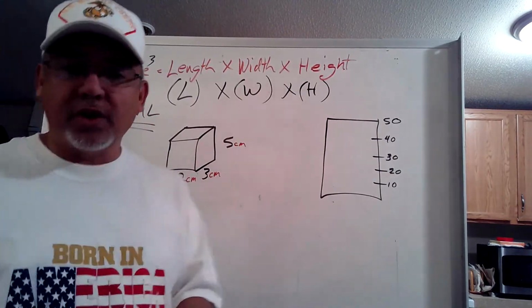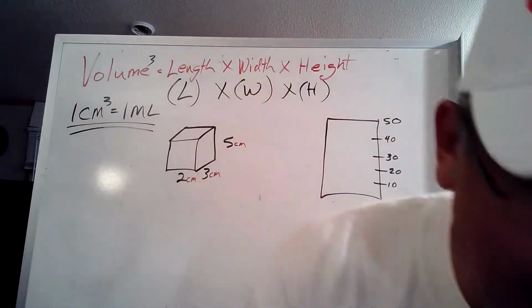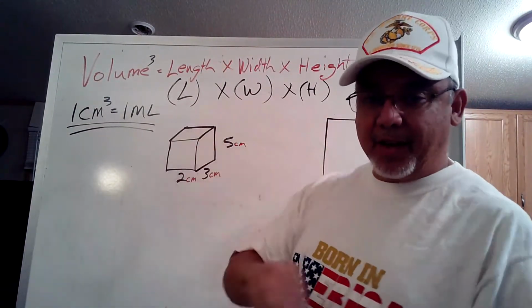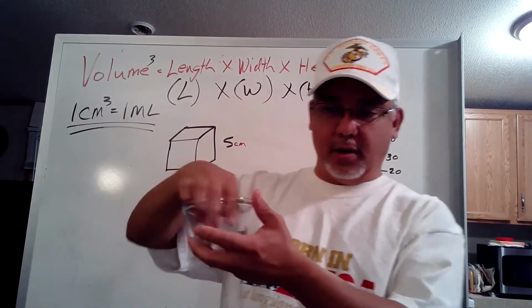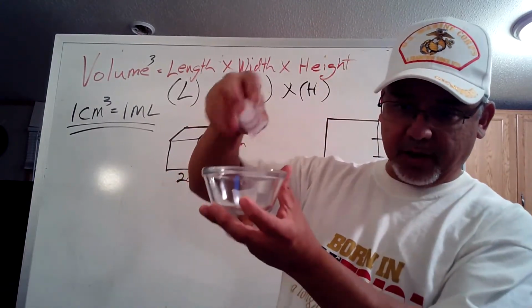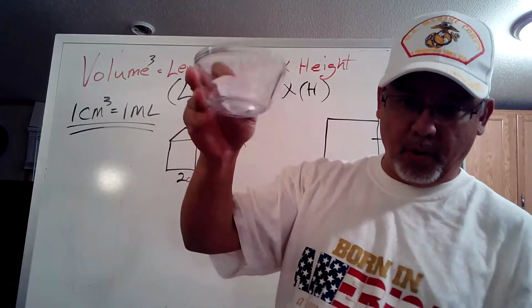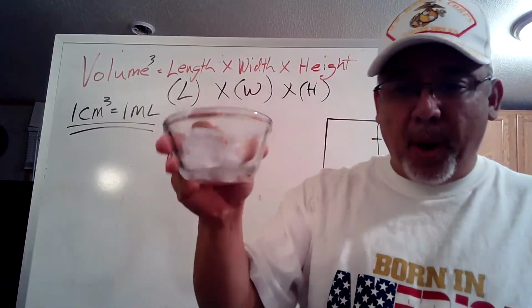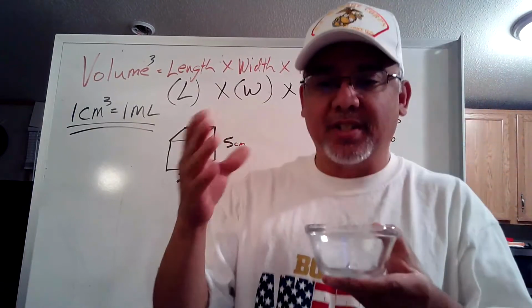So what I want you to understand and get a grip of is this. See that cube right there? That's like these ice cubes right here. I got some ice cubes in my little bowl here. They're a solid, but they're not always going to stay a solid.